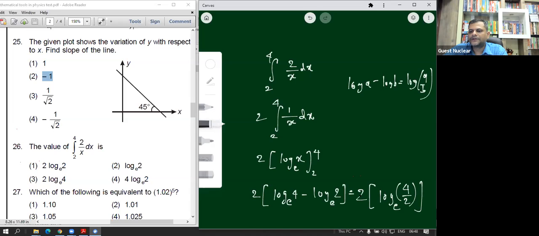And since we have this 2 as it is and 4 upon 2 मतलब 2 बनता है, तो वो बन जाएगा 2 times log of 2 to the base e. Yes, 2 times log of 2 to the base e will be the correct option.